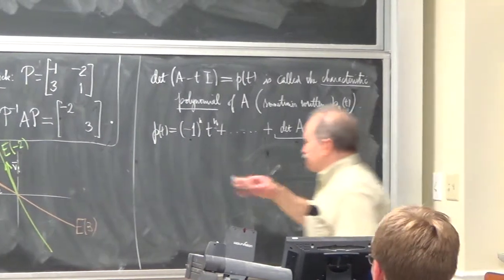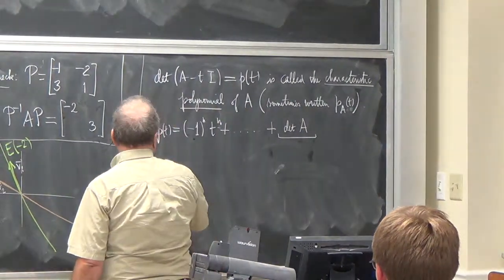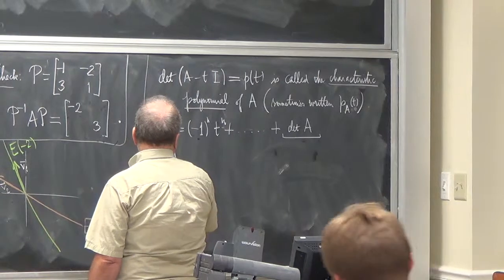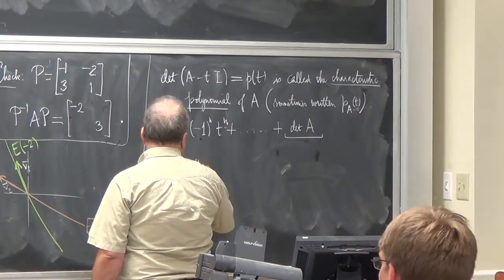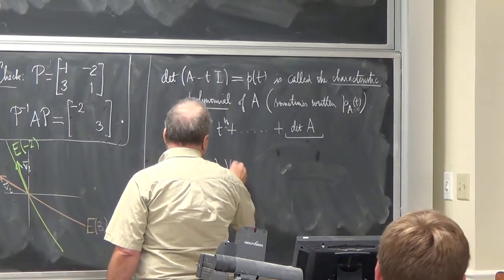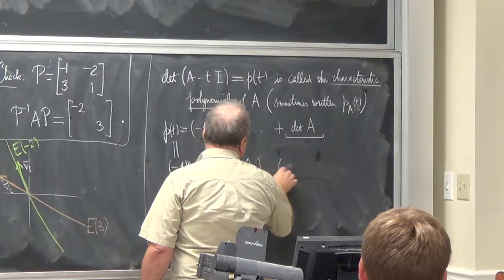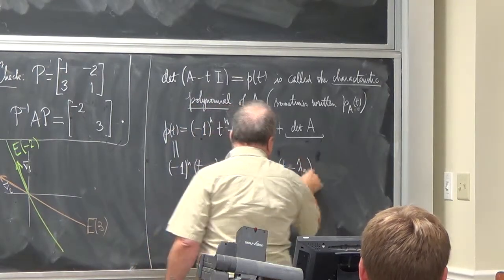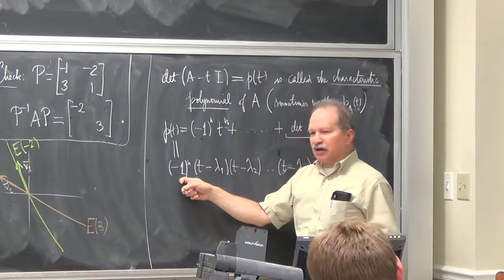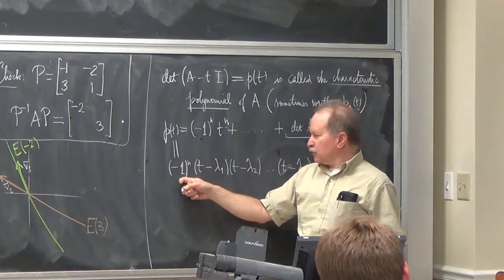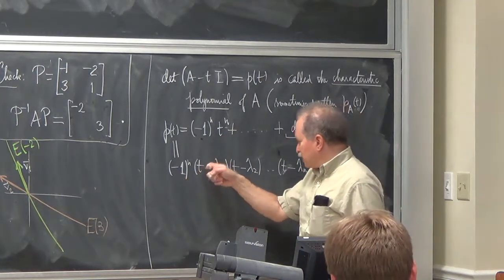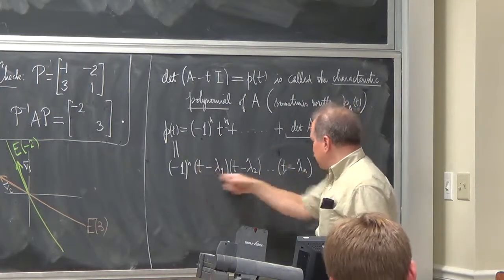Now, to follow up on Daniel's comment, notice that if you factor this in terms of the roots, then I still have to keep the minus 1 to the nth out here. Because if I have t minus blah, t minus blah, t minus blah, I would have a t to the nth.